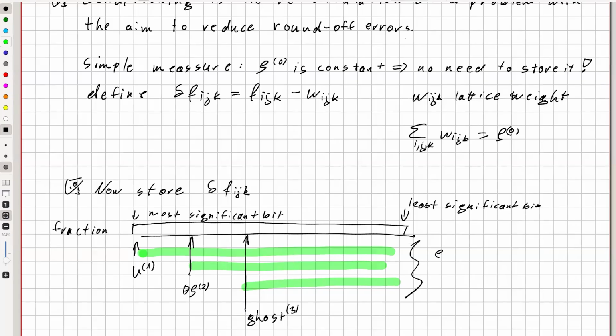So these are the effective available bits, which is now largely improved.